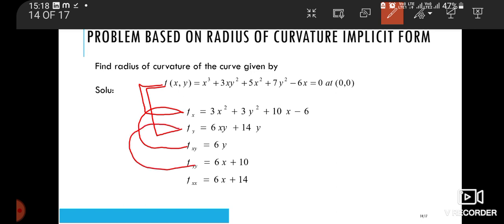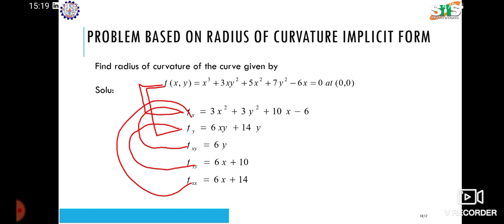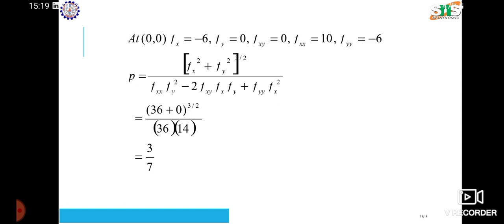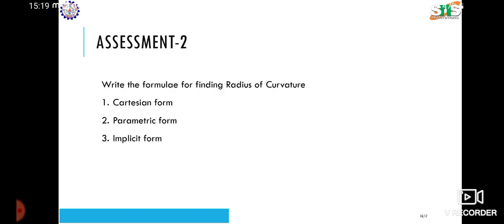Fxx means we differentiate the fx equation with respect to x. After differentiating all those, we have to substitute the value 0 comma 0. After substituting all these values, we get fx, fy, fxy, fxx, fyy. We have to substitute them in our formula. So this is the radius of curvature when we have the implicit form.